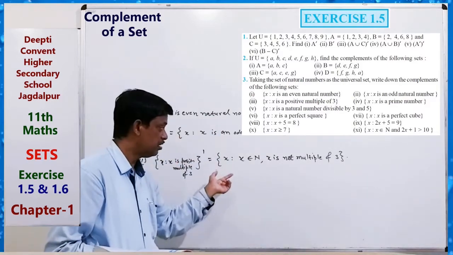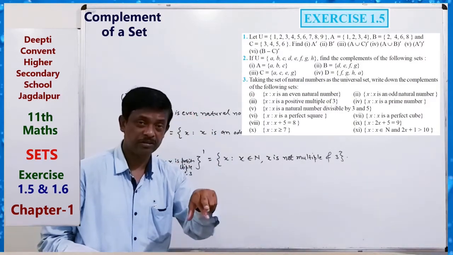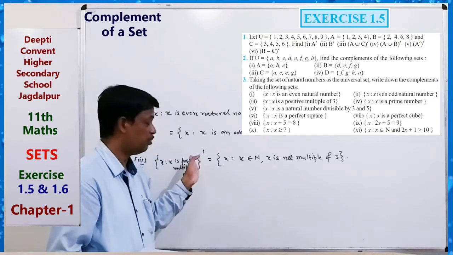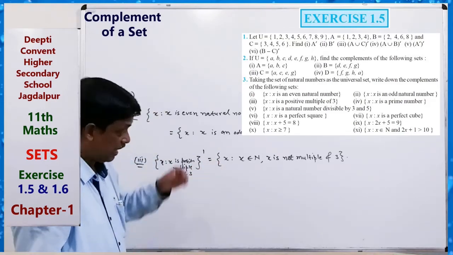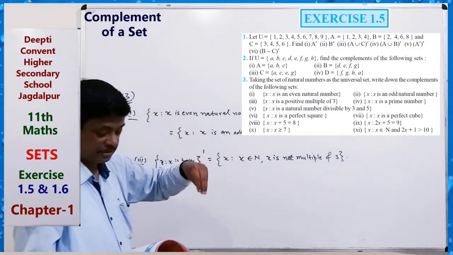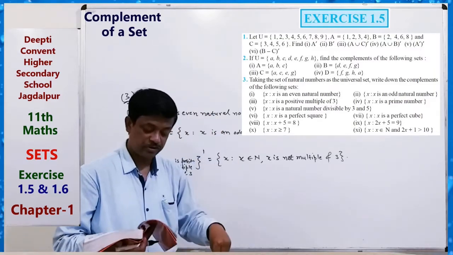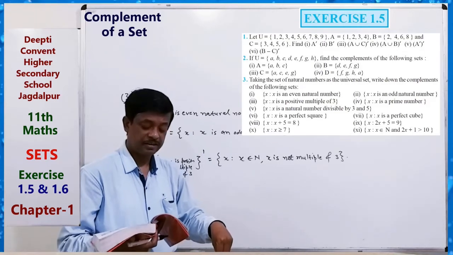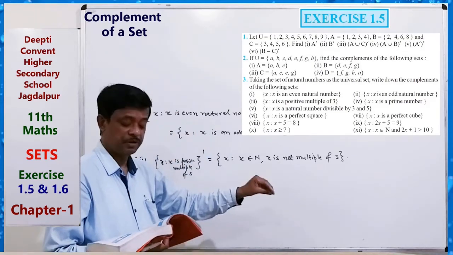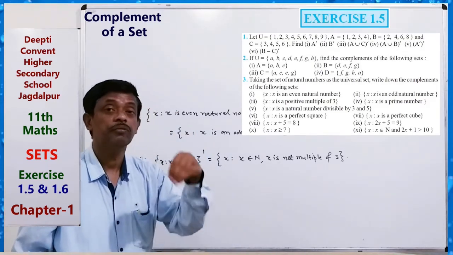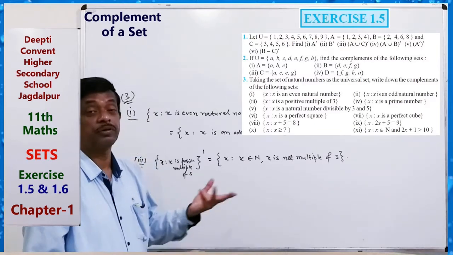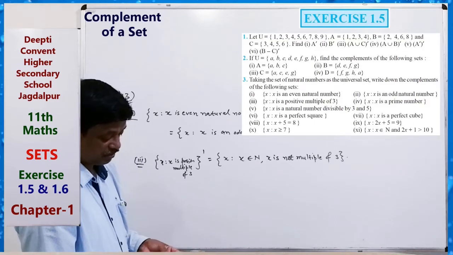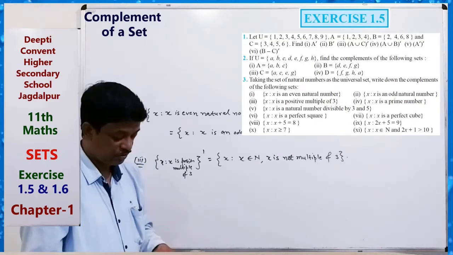And in place of and, we have to write or for complement. So what will be the answer? x is natural number not divisible by 3 or 5. That is complement. Similarly, perfect square, not a perfect square, and perfect cube, not a perfect cube.